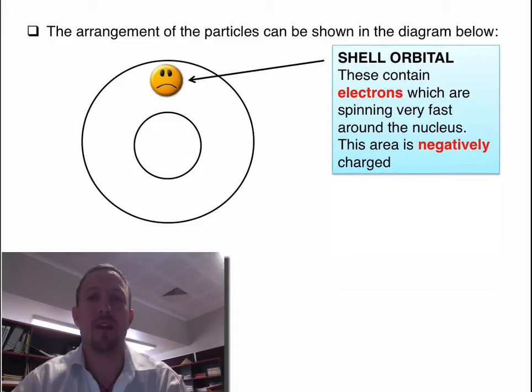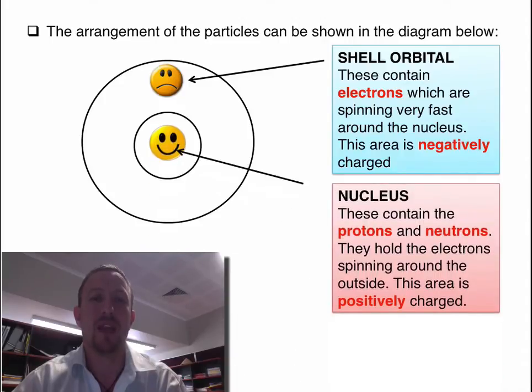On the outer area we've got the shell orbital. These contain the electrons, and they are spinning around the nucleus. Obviously, because the electrons are negative, they are represented here by the sad face. However, the other area is the nucleus, and in the nucleus we have the protons and the neutrons.